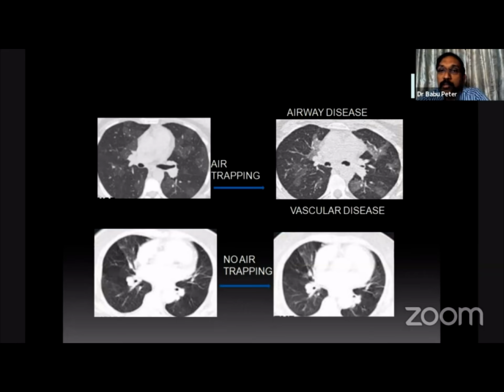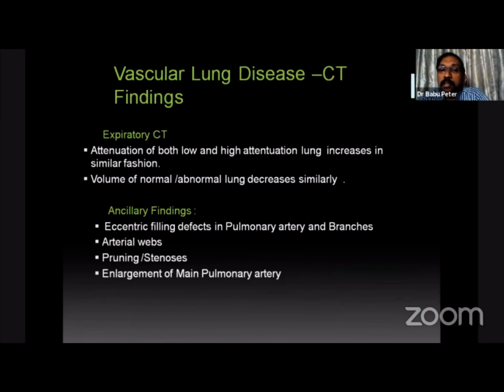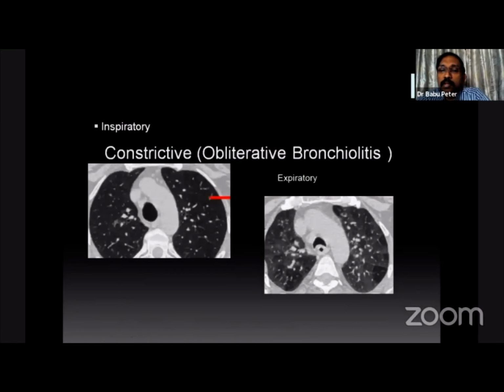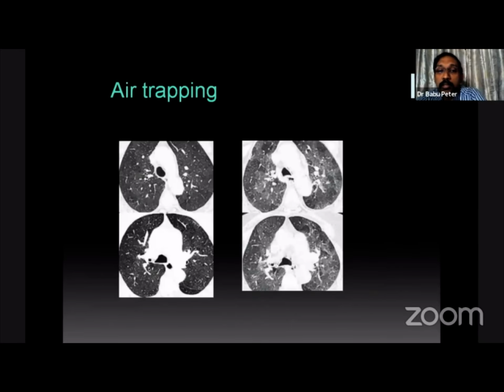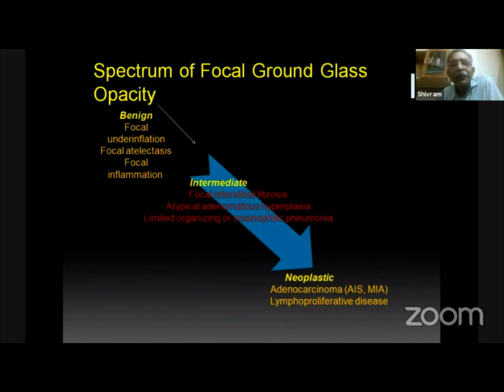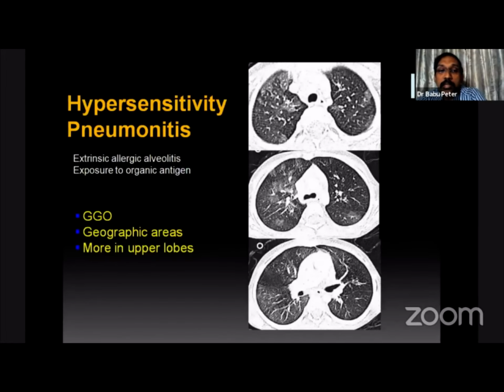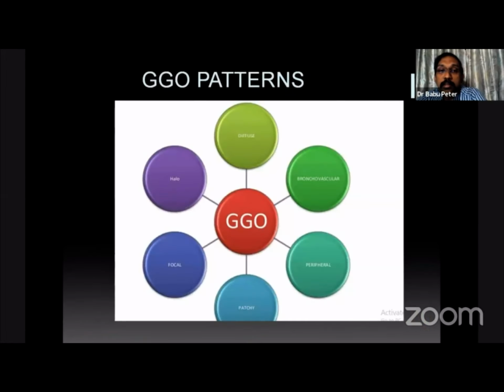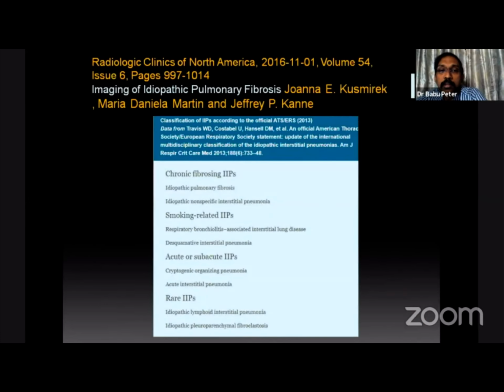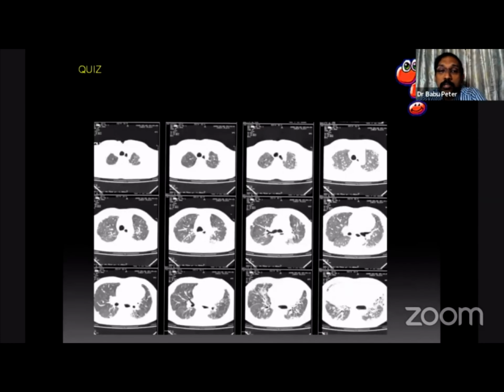Thank you. There is a query regarding the difference between fibrotic and cellular NSIP. There are two types of NSIP: one is the cellular and the other the fibrotic. The cellular is the preliminary or initial form where you get just a ground glass appearance with no evidence of fibrosis in the initial stages.